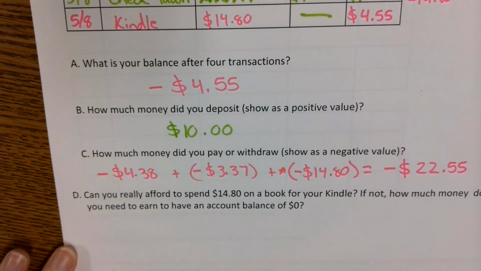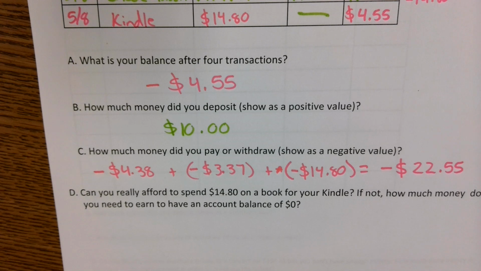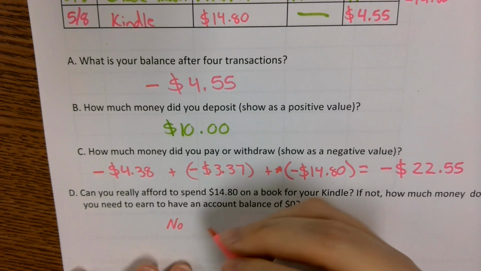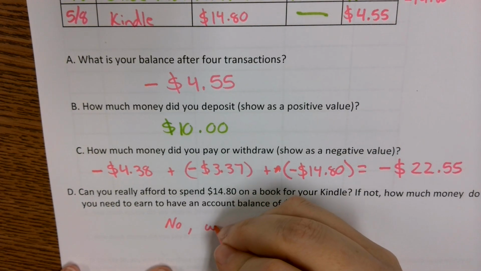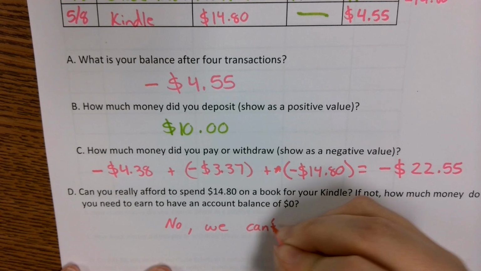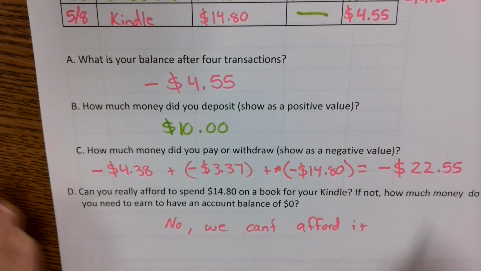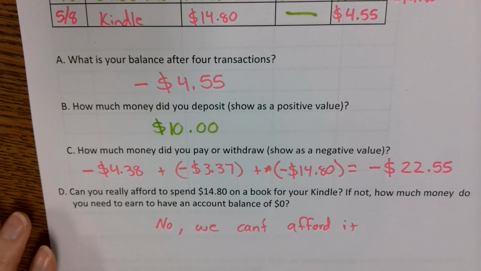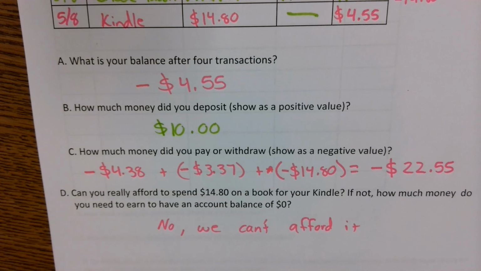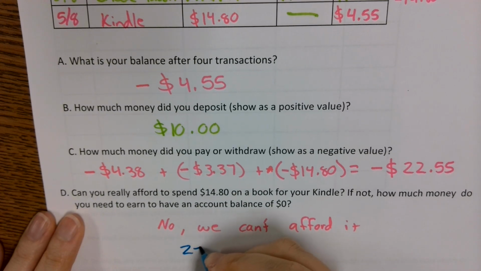So were we able to actually afford that Kindle book? No. Okay, we can't afford it. Now, look at the question, though. They're asking, if you can't afford it, how much money do you need to earn in order for your account balance to be at $0? So that means if we want our account to go to $0, we're looking for a zero pair.